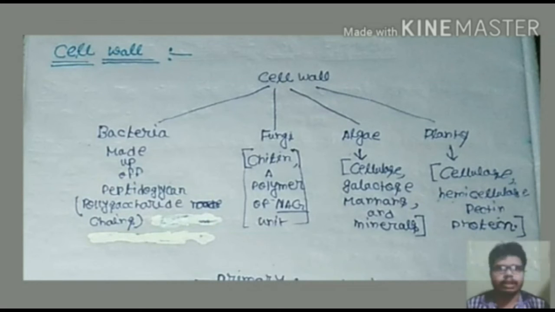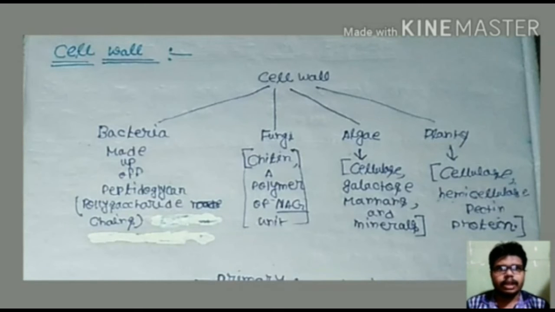In fungi, the cell wall is made up of chitin. It's a polymer of NAG units, that means N-acetyl glucosamine. In algae, the cell wall is made up of cellulose, galactose, mannose, glucans, etc. And some amount of minerals are there.